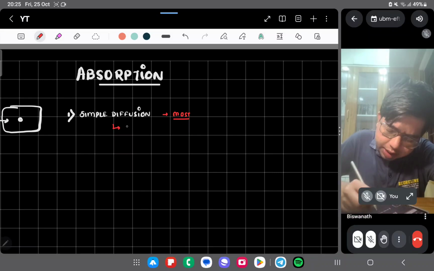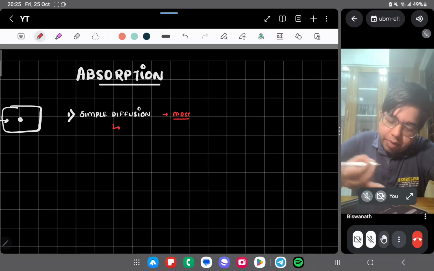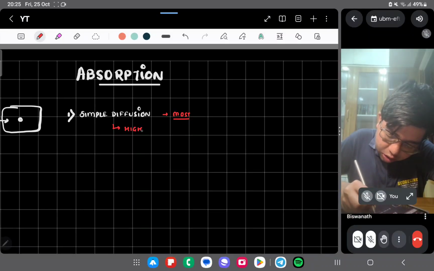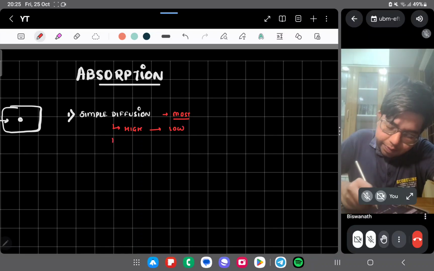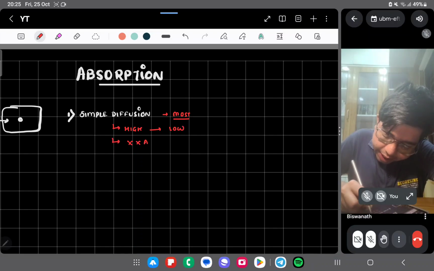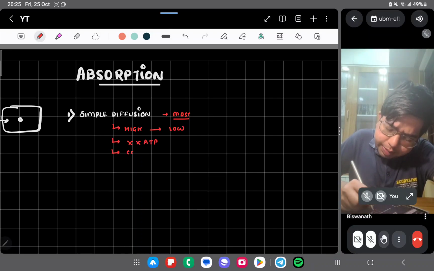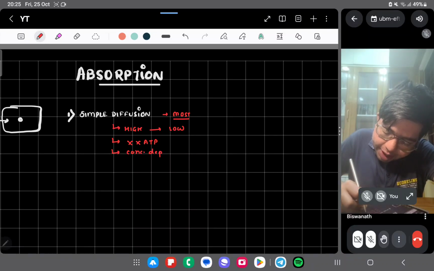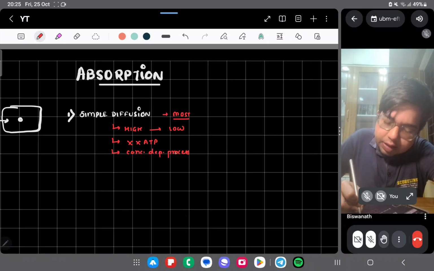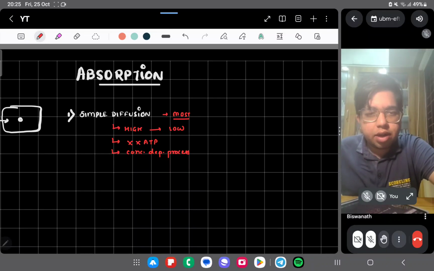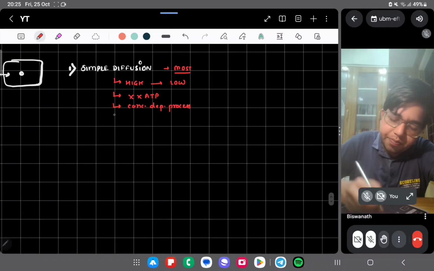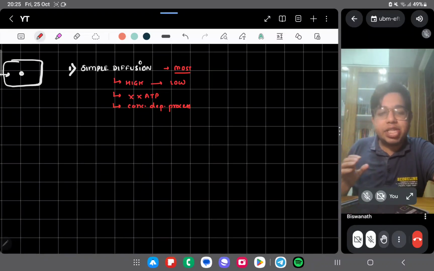Simple diffusion occurs from the higher concentration to lower concentration. You all know this. It doesn't require ATP. It is basically a concentration dependent process, right? What is the catch here?